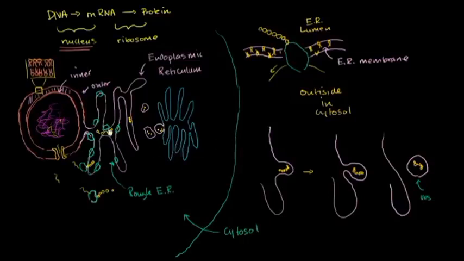So this right over here is the Golgi apparatus, or Golgi body. And once they're done with that process, this is the fully manufactured protein, ready to be used.